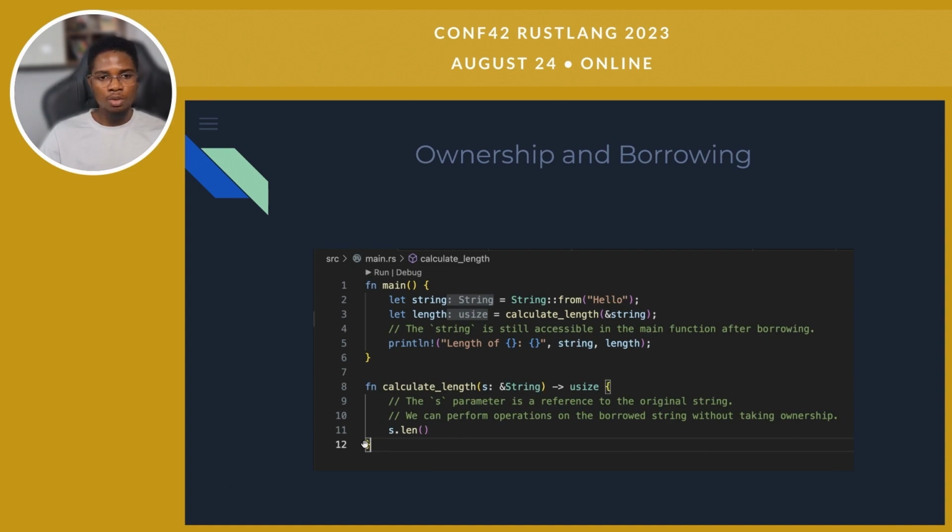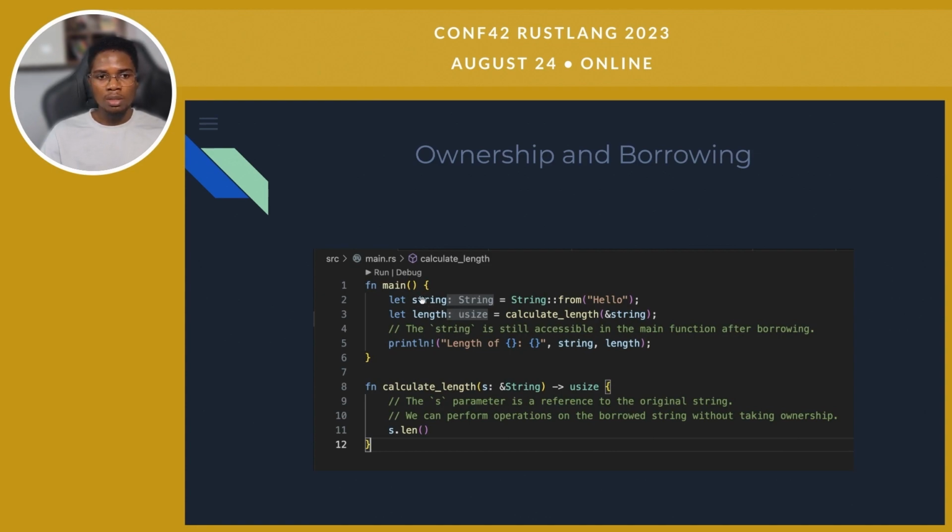By line 12, when calculate_length runs, it checks for everything it owns. It does not own s, it is a borrowed value, so it does not deallocate it. And we know in the main function, if that is how calculate_length is declared, it means that after line 3, after line 4, we can still be sure that this string that is declared on line 2 is not deallocated.